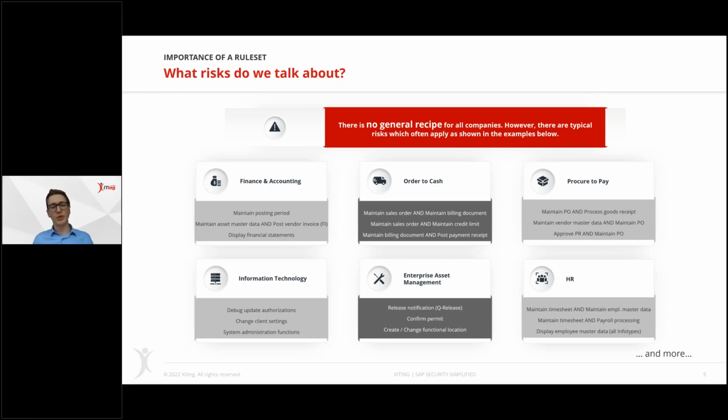It really needs adjustments, not just because of the list of risks being relevant. You could go through the risk catalog, but depending on the environment or industry that the customer is operating in, and also the technology part, having custom developments and so on should be taken into consideration for a rule set.